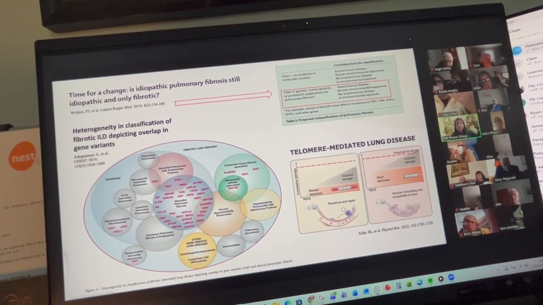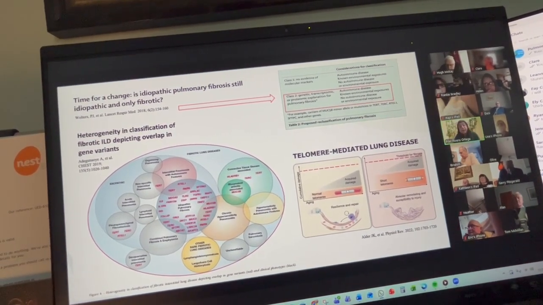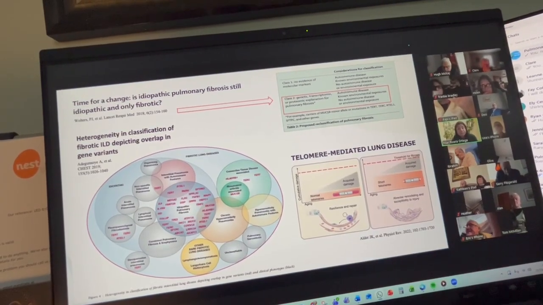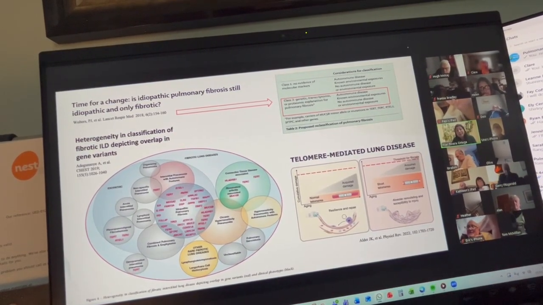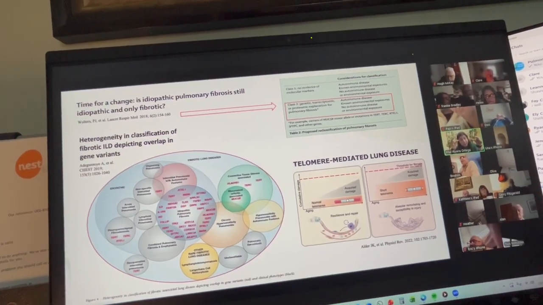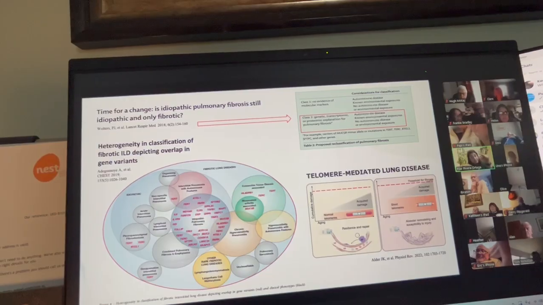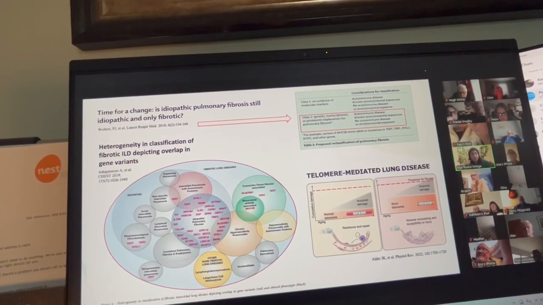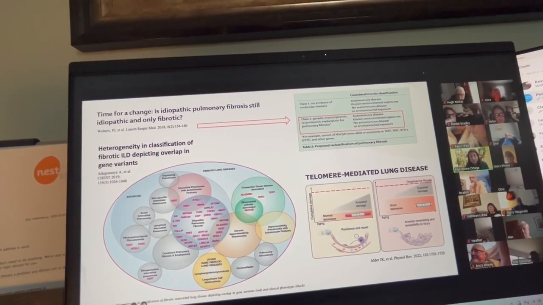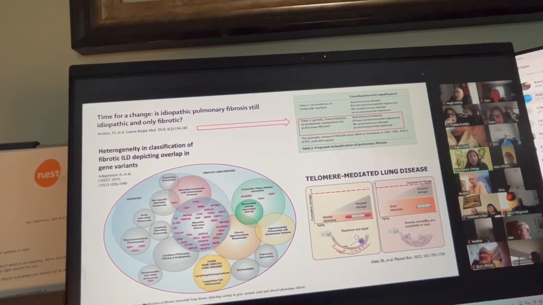That means the length of the telomere is reducing, and that is part of natural aging. But if we inherited a short telomere, that means we already inherited a reduced length of this cap of the chromosomes, and that is the figure that you can see here at the bottom right.